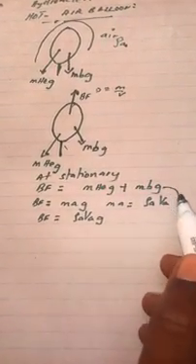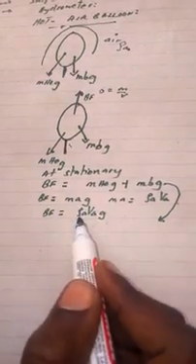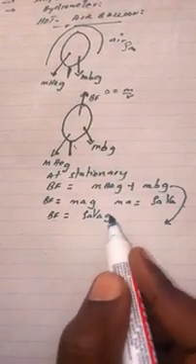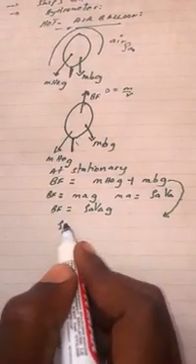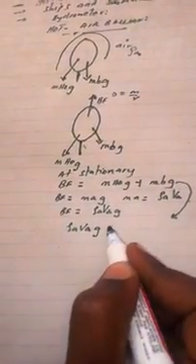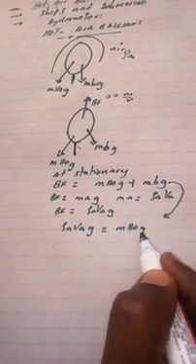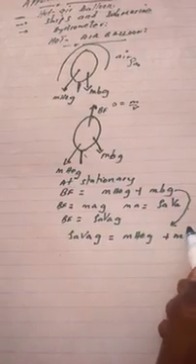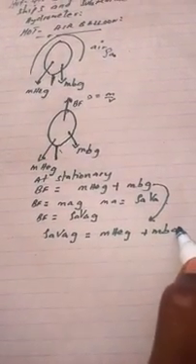Now from this equation, we can substitute the buoyancy force by writing density of air times volume of air times gravitational force. So density of air times volume of air times gravitational force is equal to mass of helium times gravitational force plus mass of balloon and its contents, including the passengers, times gravitational force.